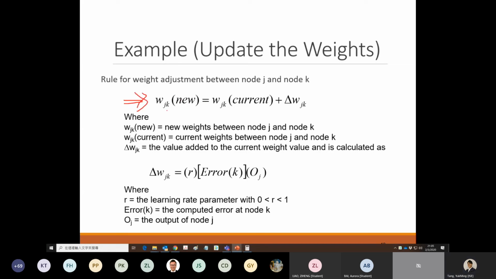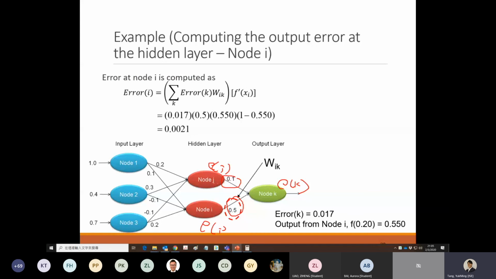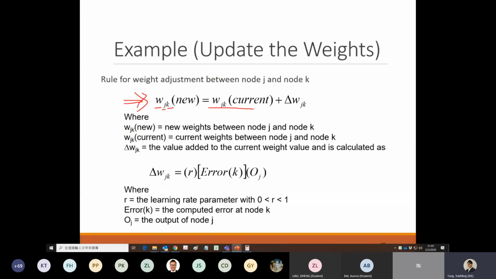This is the weight connecting loop J and loop K. This 0.1 is the original weight connecting loop J and loop K. What we want to do for the learning is to calculate the new weight that can minimize the error. The new weight connecting loop J and loop K is equal to 0.1 plus delta Wjk. The delta Wjk is calculated by using this equation.